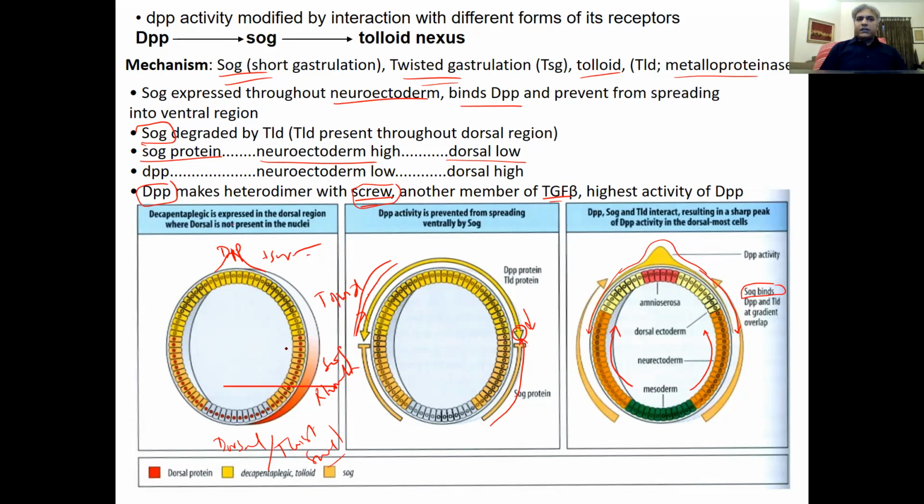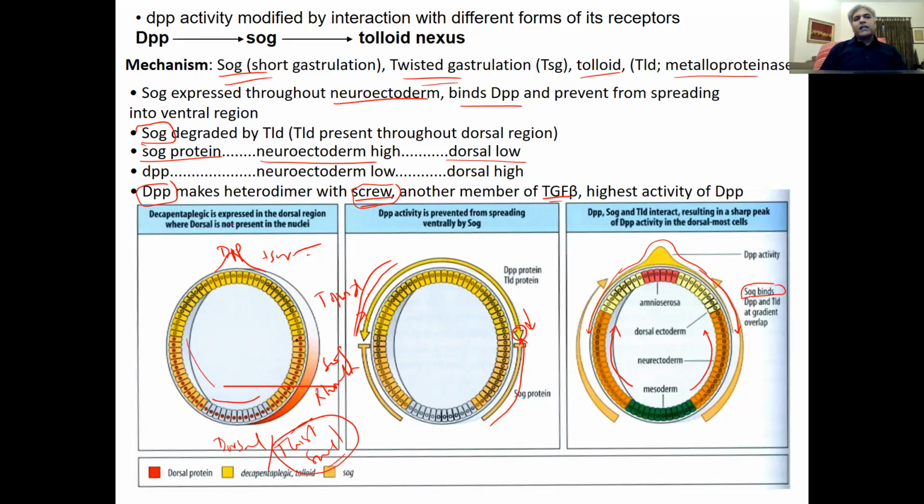Cells are cellularized, okay? Cells have become individualized. And these transcription factors are going to activate genes which are downstream of Toll signaling, or which are going to give the mesodermal fate.